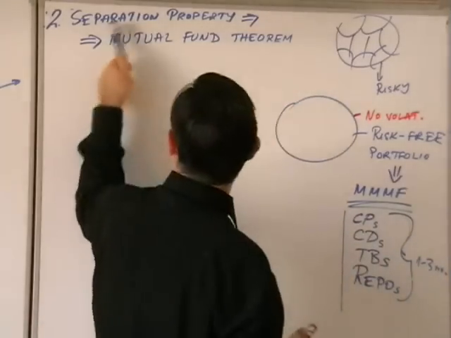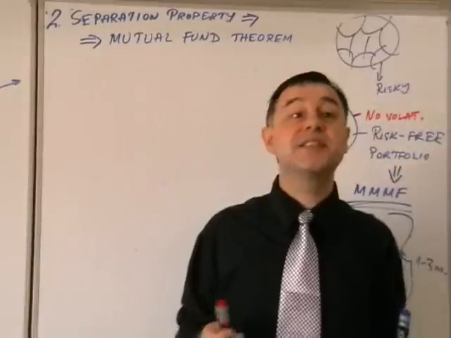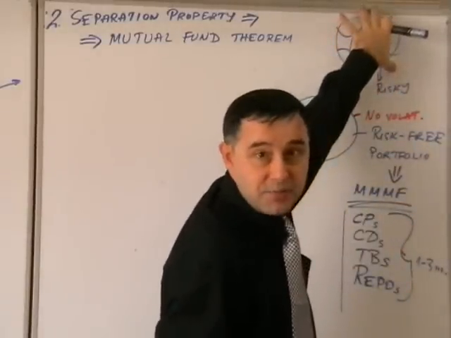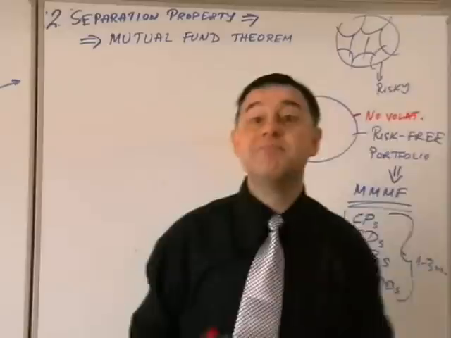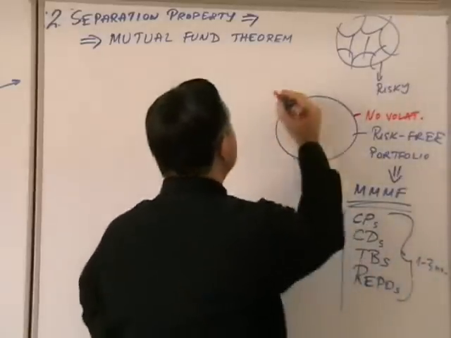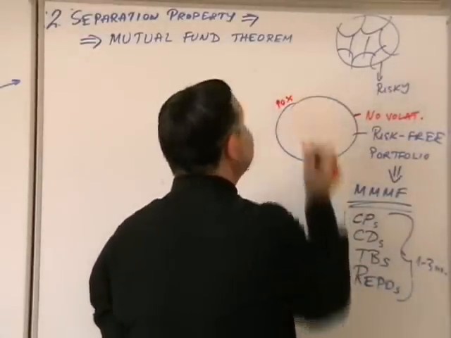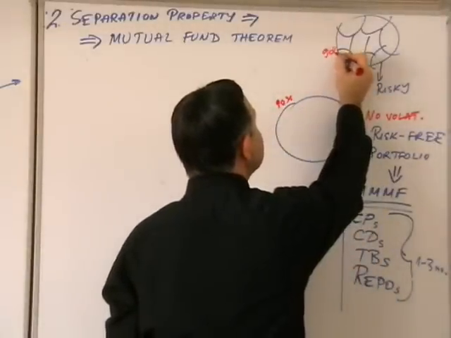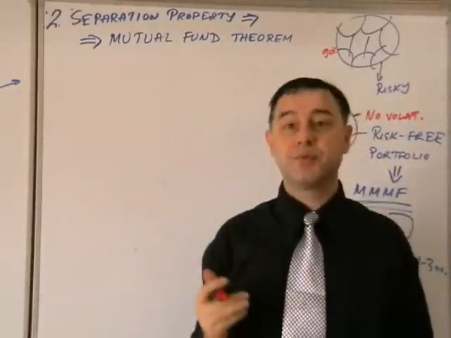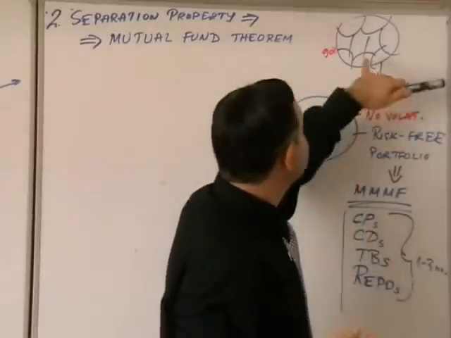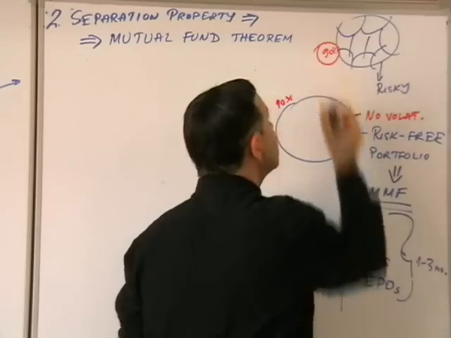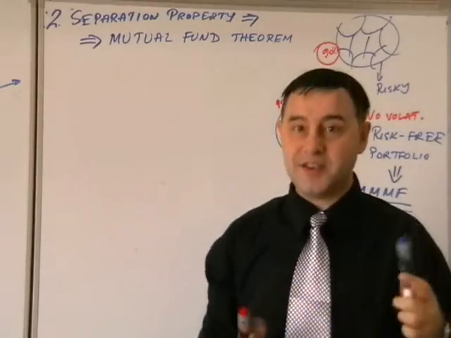So, what the separation property says is that essentially you first construct the risky portfolio. It is more or less the same, and then you choose, let's say, 10% risk-free and 90% of the risky portfolio. So, the first step, you construct it, and then you choose its weighting.